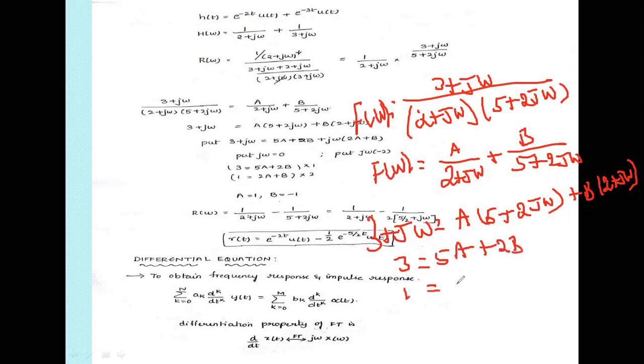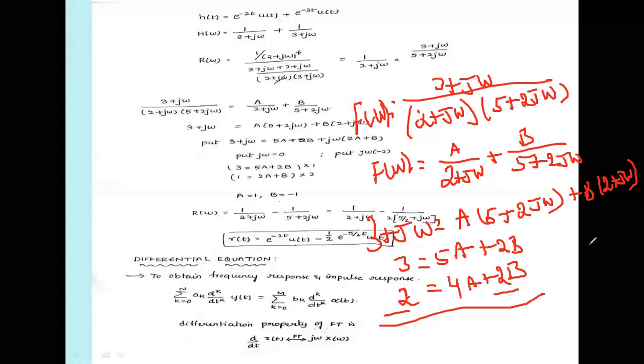Compare the coefficients: 1 is equal to 2A plus B. You can subtract these equations, or multiply the second equation by 2 on both sides.